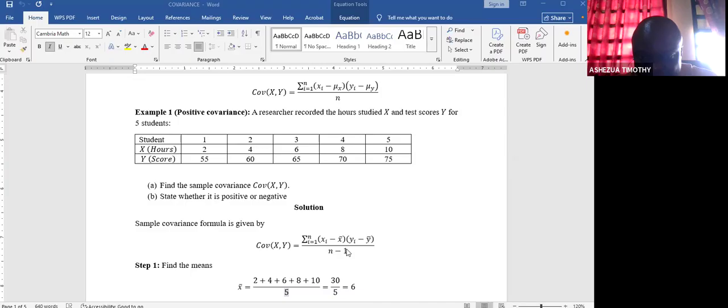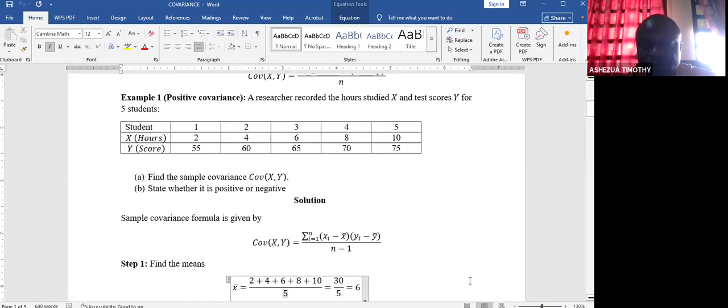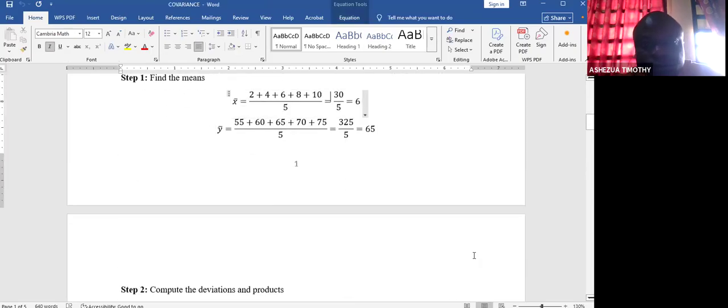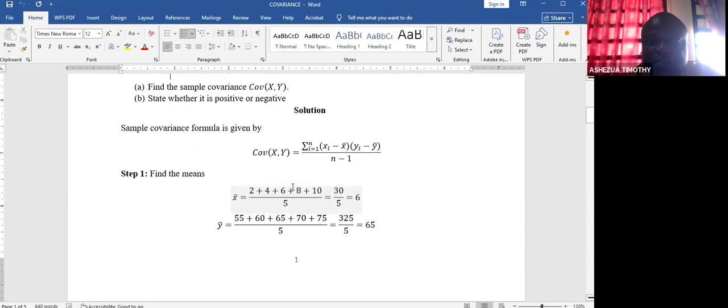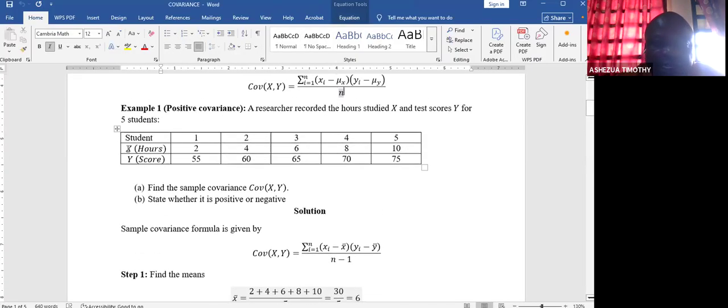So that will be 5 minus 1, which will give us 4 when we're substituting into the formula. You find the mean of X.